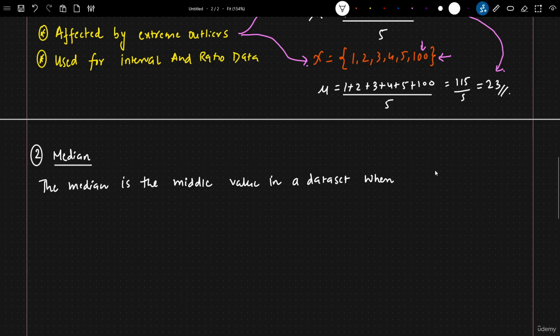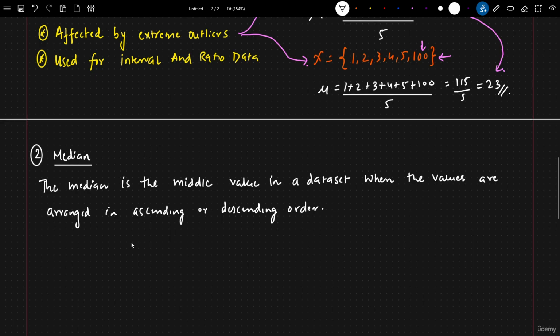And you will be able to find this value when the values in the data set are arranged in ascending or descending order. It needs to be arranged in either ascending or descending order. Okay.